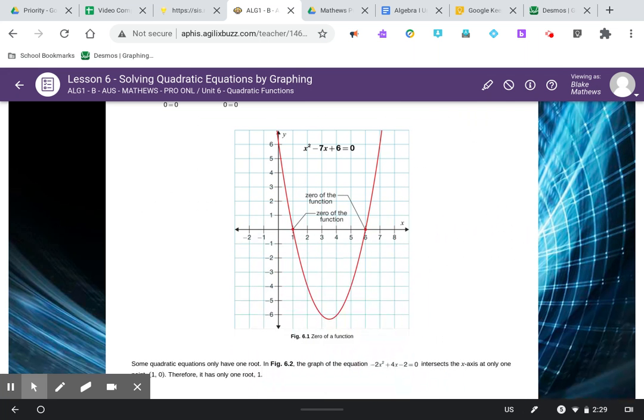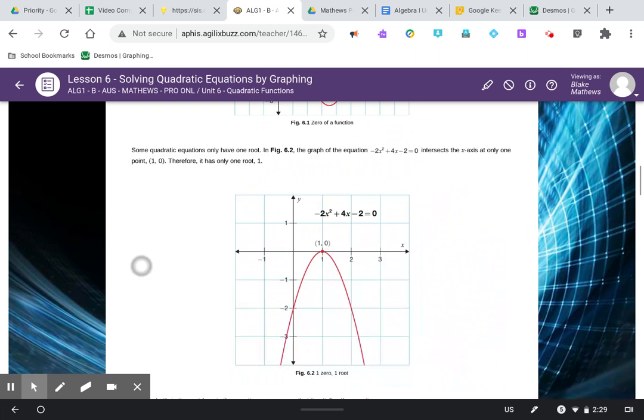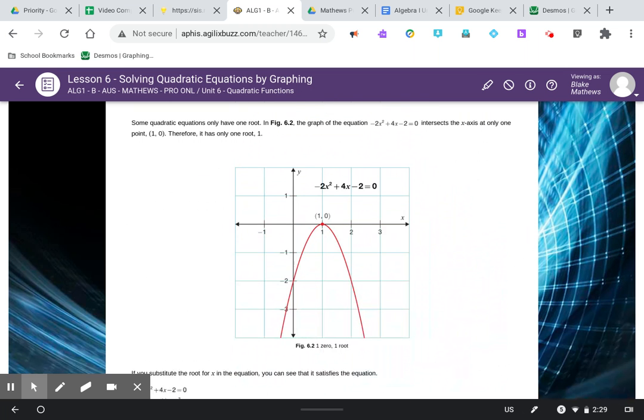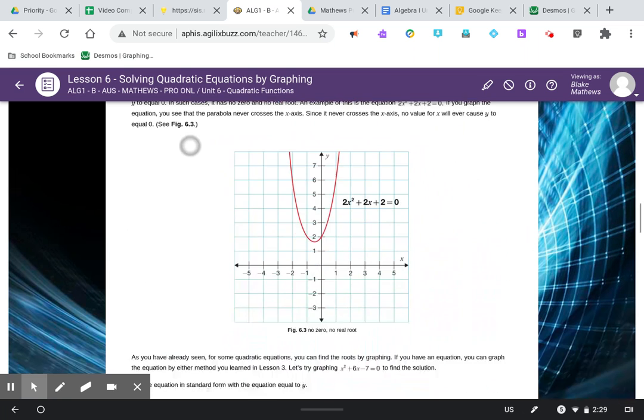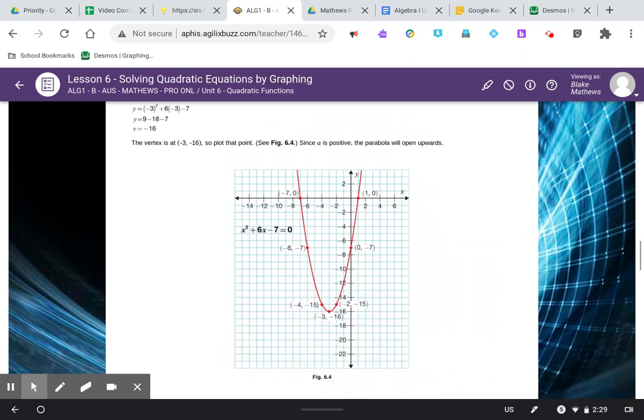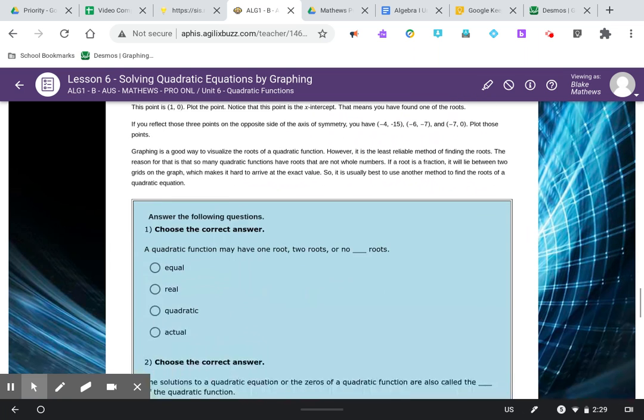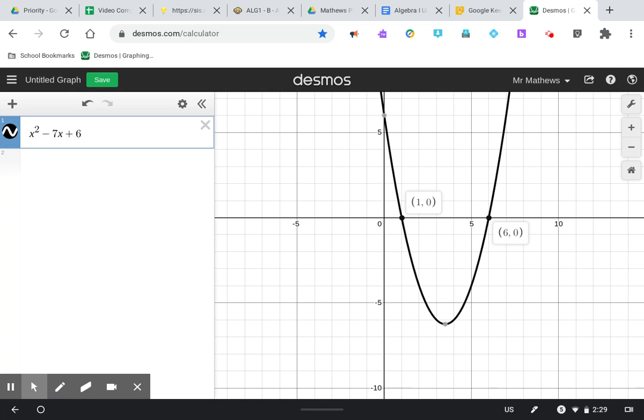The zeros of the function are 1 and 6. And they go through some other examples like that. But generally speaking, if you can graph the function on the coordinate plane, you can see how many solutions there are, roots, intercepts, and you can also see what they are by looking at these points on the graph. And you should be able to do the same thing on your Desmos calculator as well.